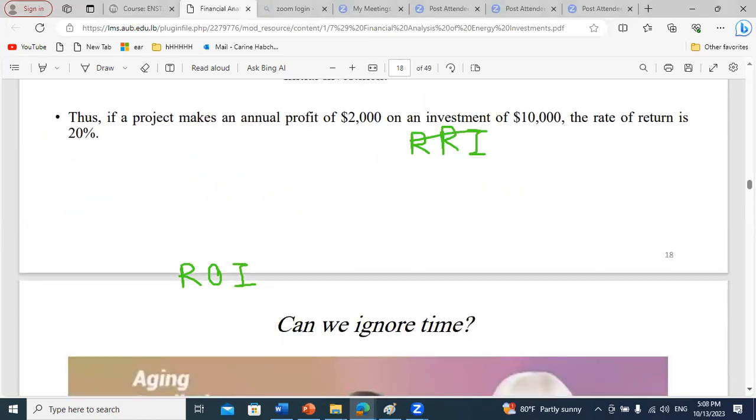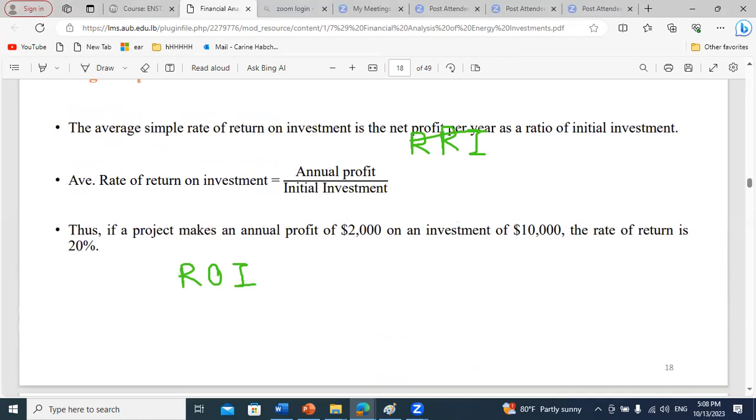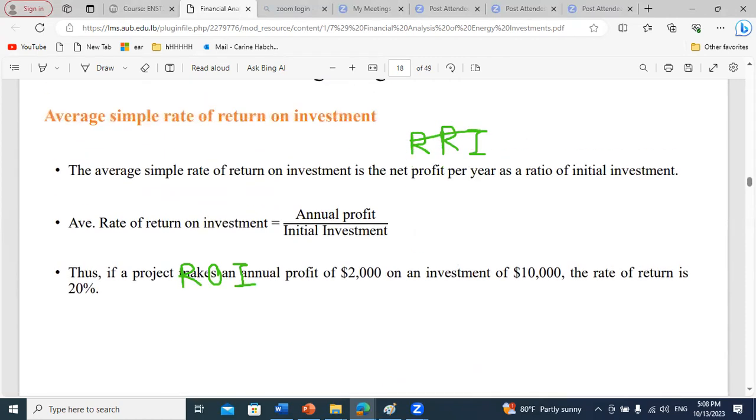And is it related to payback period? Yes, of course, it is related to the payback period. The larger the rate of return on investment, the lower the payback period.